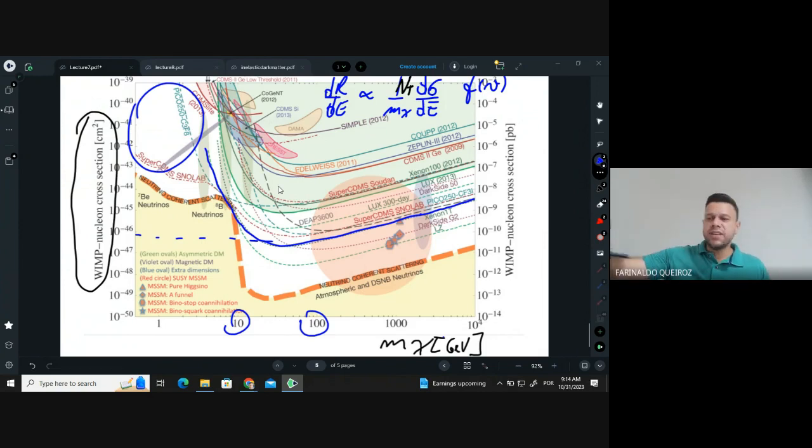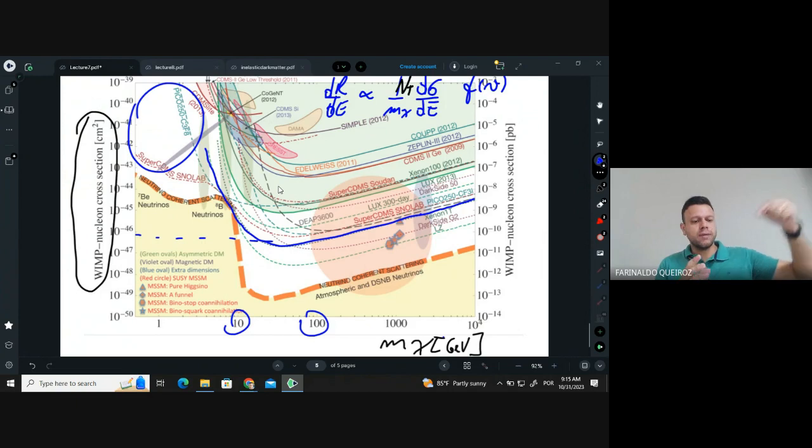And having a second readout technique makes them harder, makes the energy threshold of those detectors increase. Because remember the case of CoGeNT we discussed had just ionization, and the energy threshold of CoGeNT was really small because they had just one readout technique. It means ionization is very efficient.